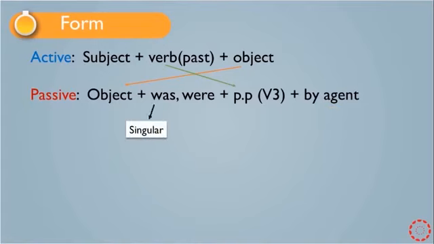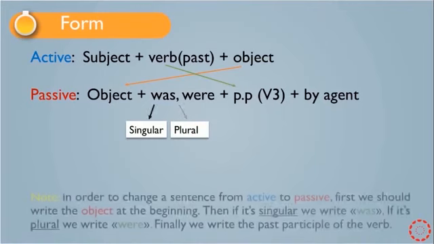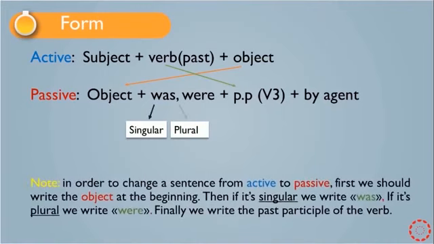And also we use was with the singular object. If we have an object which is singular, we use was, and were with the plural object. And this is the explanation of the forms of past simple passive.